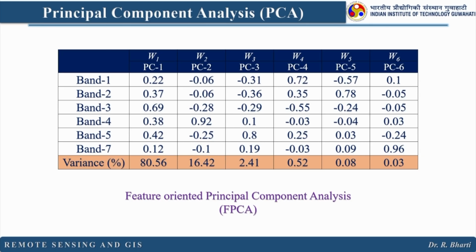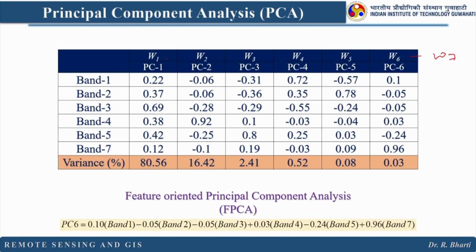I need to find out from this eigenvalue eigenvector matrix which principal component, which of W1, W2 up to W7, has the maximum or minimum weightage of band 7, so that this principal component can be used to highlight my object.